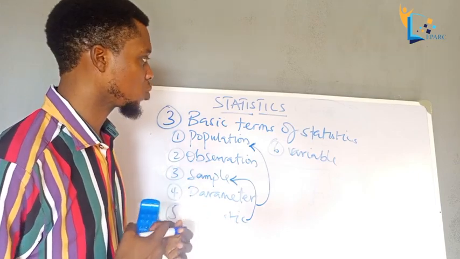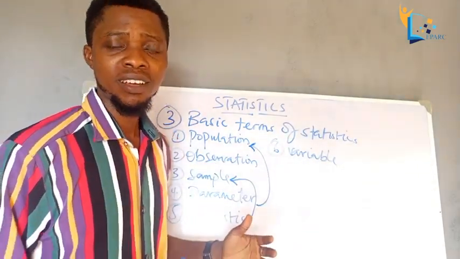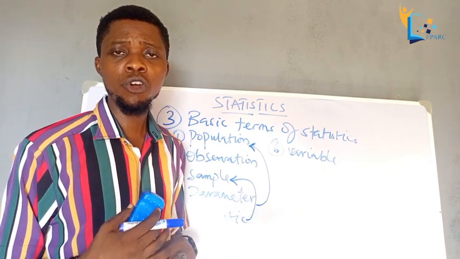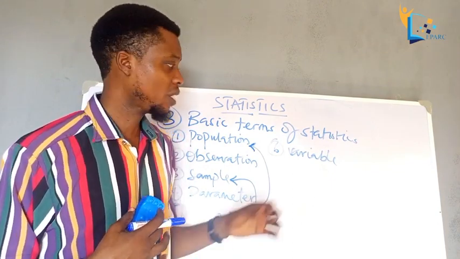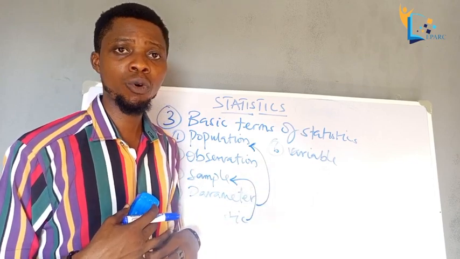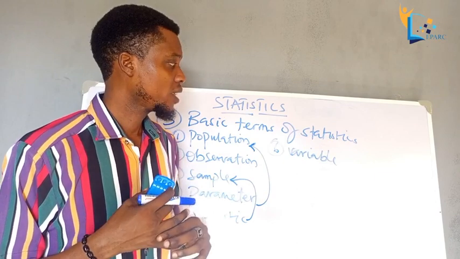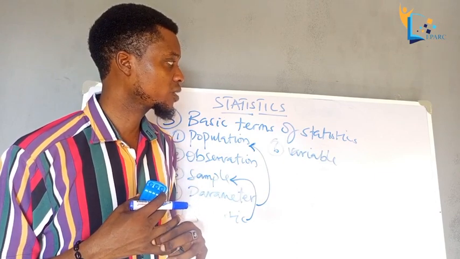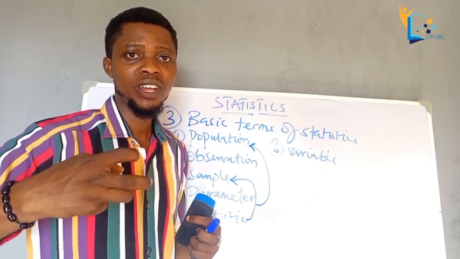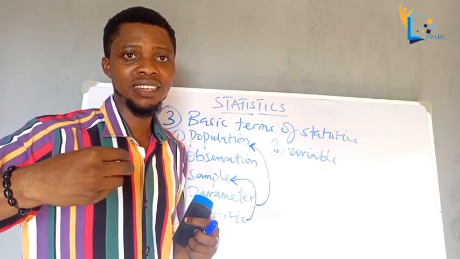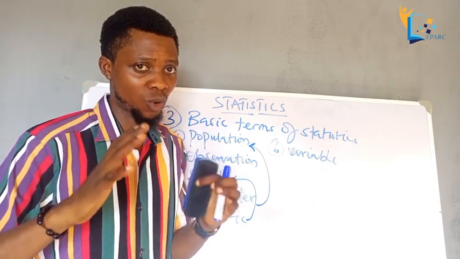Now, when we talk about variable, a variable is a quantity whose value varies from one unit of investigation to another. Let me take an example of small-scale business owners. Let's say we are trying to investigate the daily income of the small-scale business owners in that particular location.